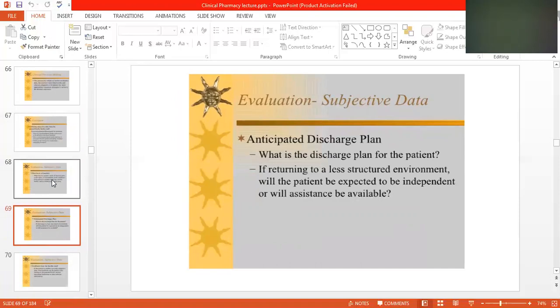Evaluation of subjective data: anticipate the discharge plan, when the patient will go from your hospital to home. What medicines are you giving along with the patient for further treatment or follow-up? What is the discharge plan for the patient? If returning to a less structured environment, will the patient be expected to be independent or will assistance be available?